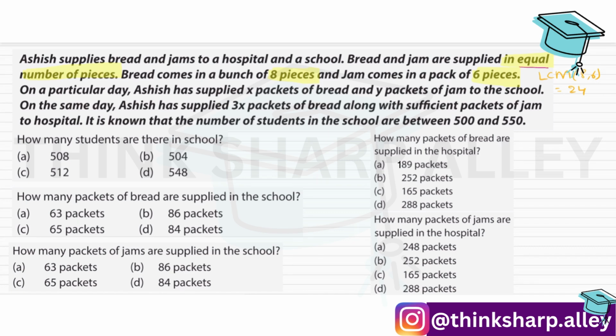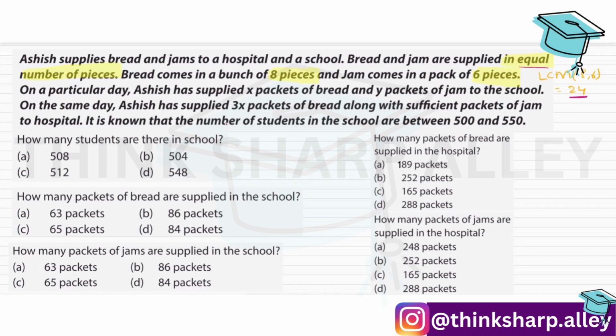Okay. And obviously that depends on number of students or number of patients in the hospital, right? So minimum 24 packets need to be sent of bread and jam so that equal number of pieces can be obtained.